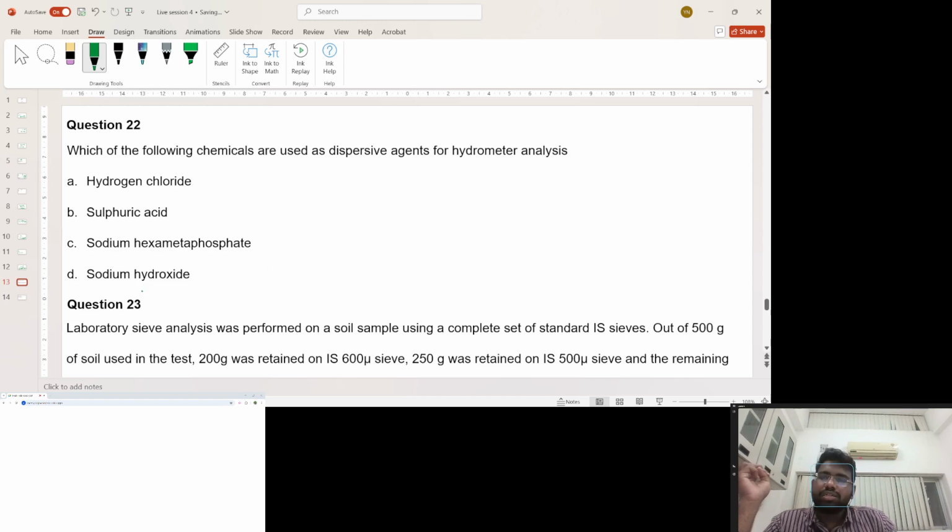Sodium hydroxide is not a salt of sodium, but sodium hexametaphosphate is a salt. So the right option is sodium hexametaphosphate, the very commonly used dispersive agent in hydrometer analysis.